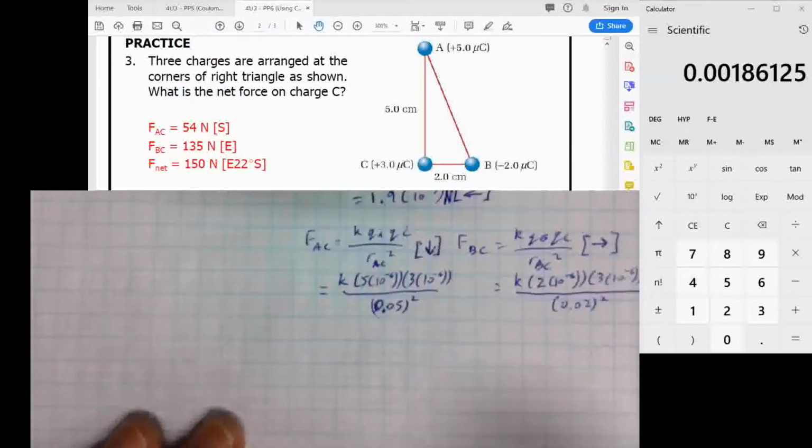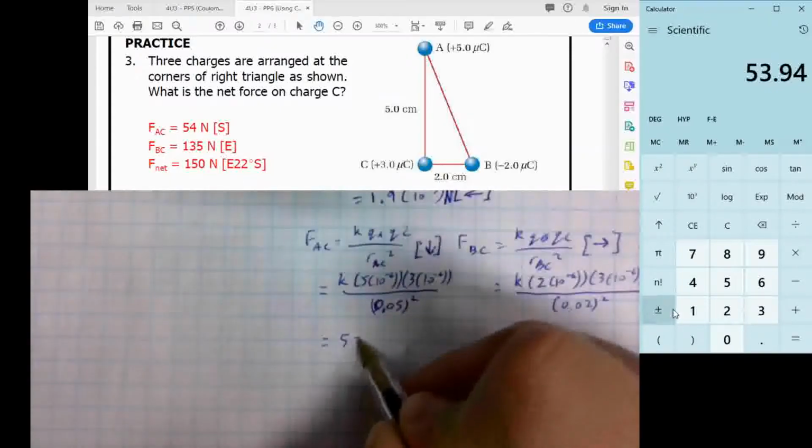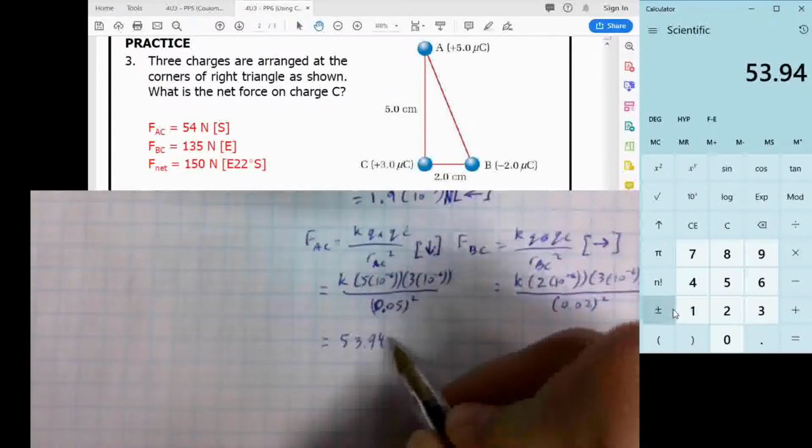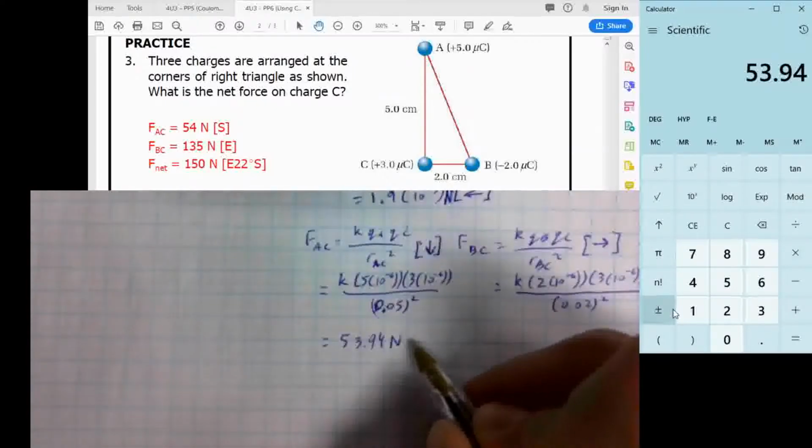So now, to find out what both of these are, I have 8.99 times 10 to the power of 9 times 5 times 3 times 10 to the power of negative 12 divided by 0.05 squared. I end up with a 53.94 Newton force, and that is going to be going down.